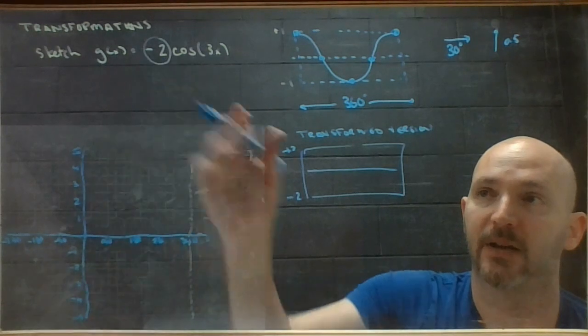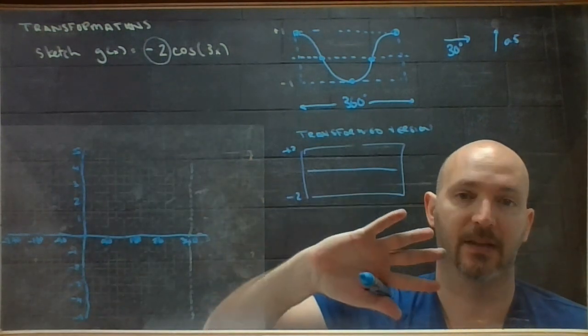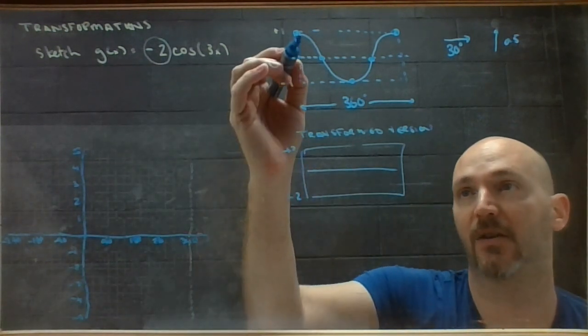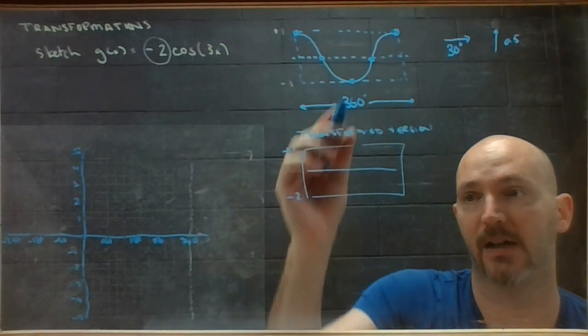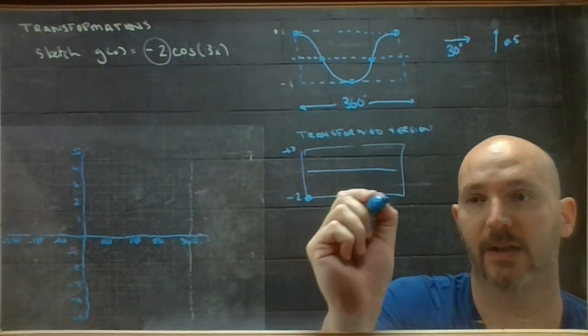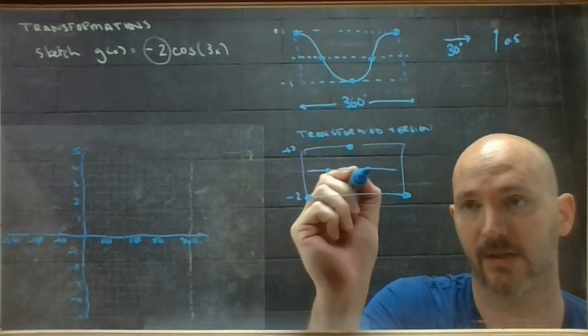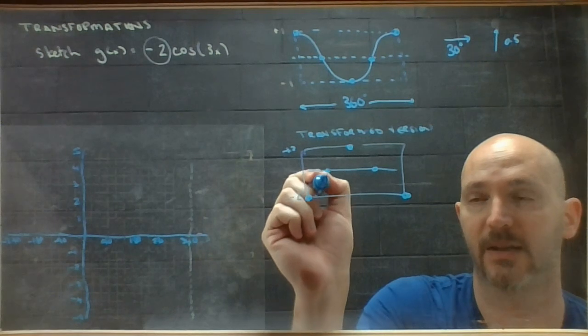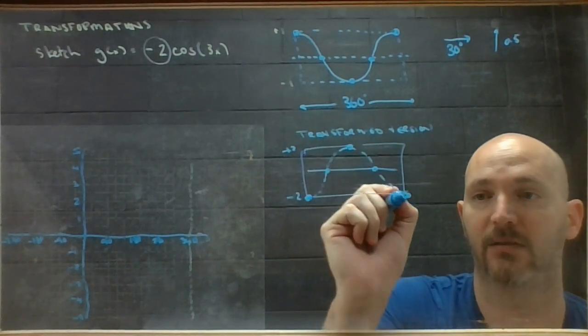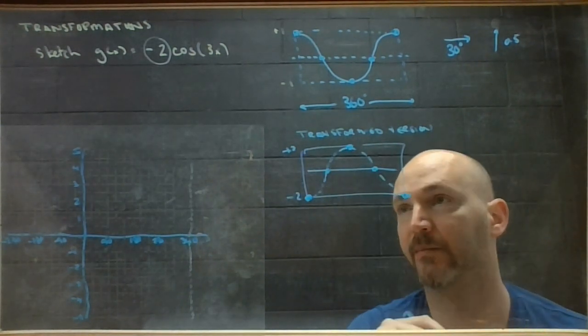And this negative here is going to flip the function this way. So instead of starting high and ending high, it starts low and ends low. Peaks in the center, zeros out there. So this is the pattern I need to draw in each of these rectangles.